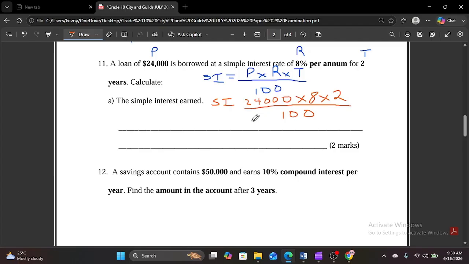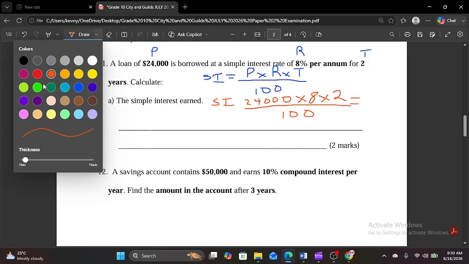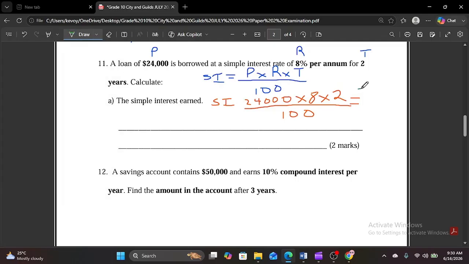All right. So if you multiply everything at the top right here, 24 times 8 times 2, you just multiply the digits at the top. That's going to give you 384.